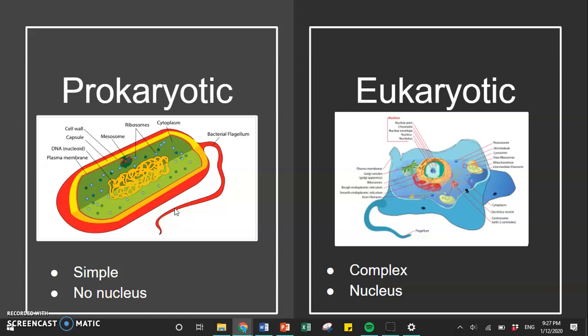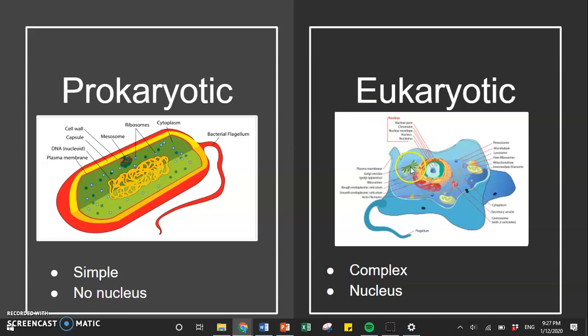In contrast, we have eukaryotic cells, which are what make up most more complex organisms. And they have this nucleus in the center, so we'll point out again, different than the prokaryotic cell here.